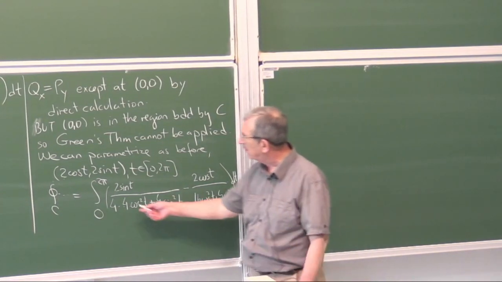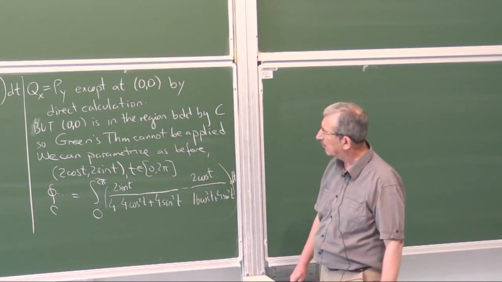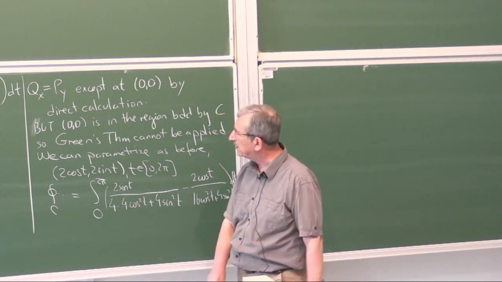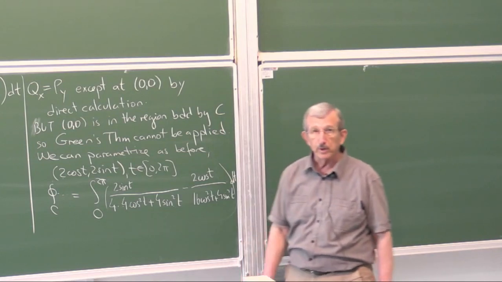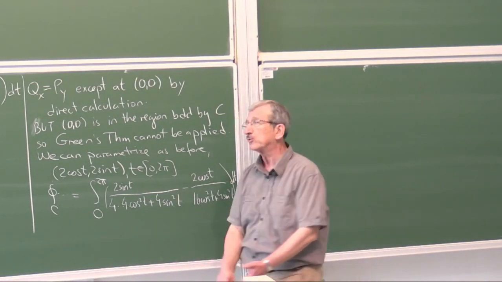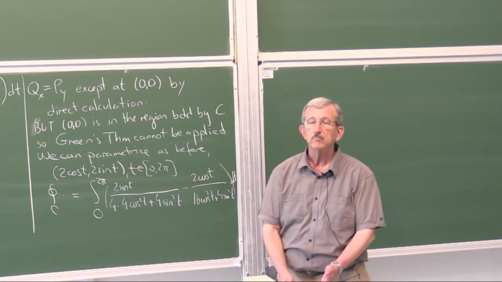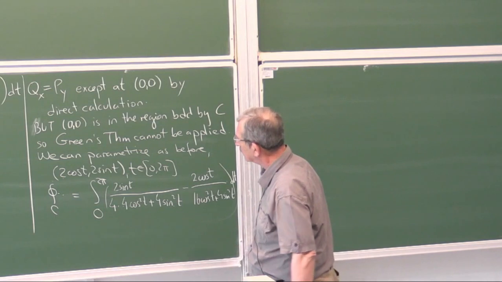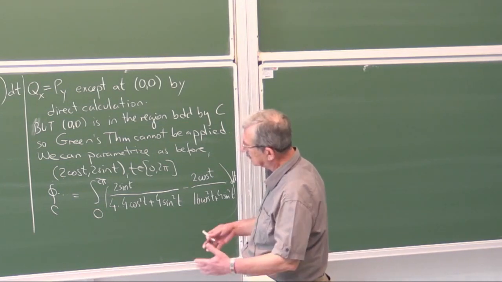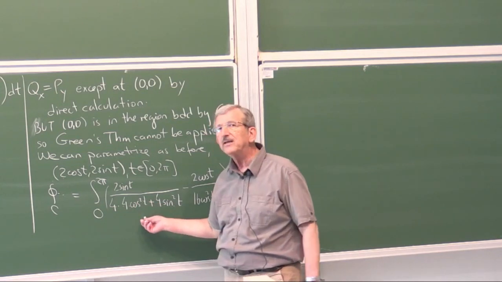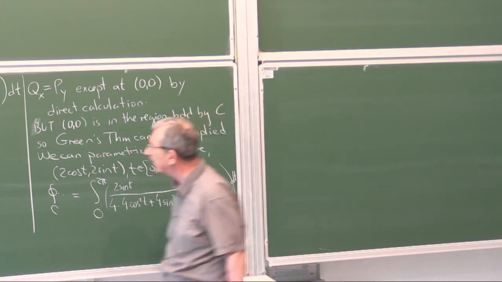But here, you can take 4 out, but you have 4 cosine square plus sine square, which of course is not 1. It's 1 plus 3 cosine square t. Now, this of course has some difficulties, but using integration techniques, we can still manage this.